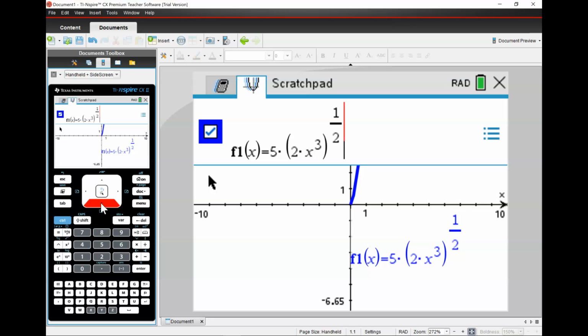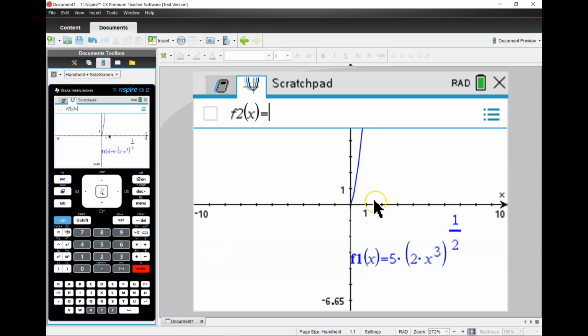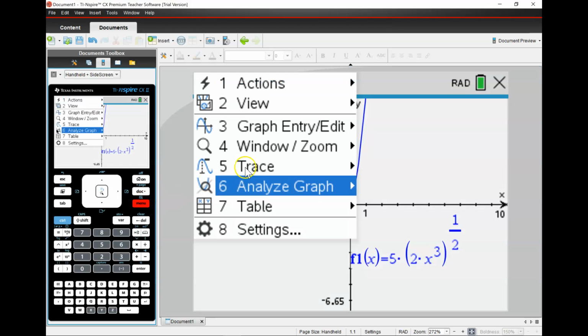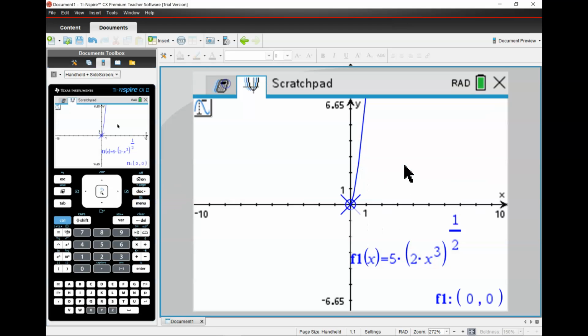Sometimes it's easier for me to find that button than the nth root button. It's the same. The calculator realizes that it's the same. Okay? When I graph, that's what that looks like. So do you see how it's like a battle between a square root and an x to the 3? So when I trace this, menu, trace, 1, at 0, we know that.